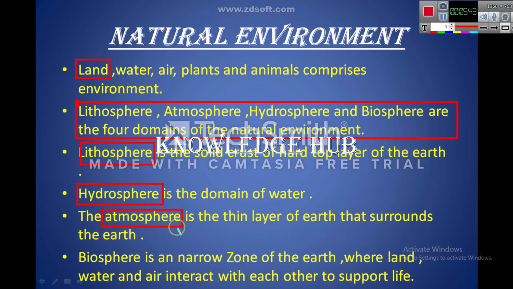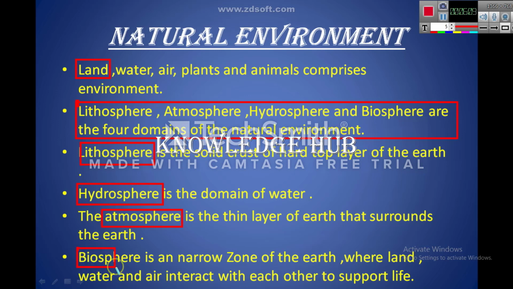Here, atmosphere is the thin layer that surrounds the earth. It means the gravitational force of the earth holds the atmosphere around it, and it protects us from the harmful rays and scorching heat of the sun. It is very essential for living things.